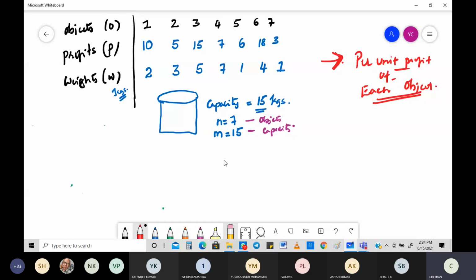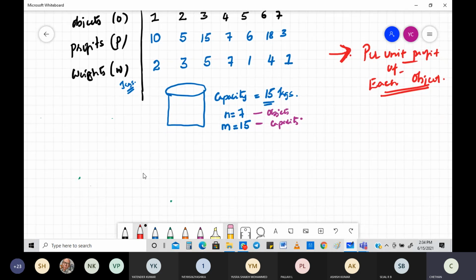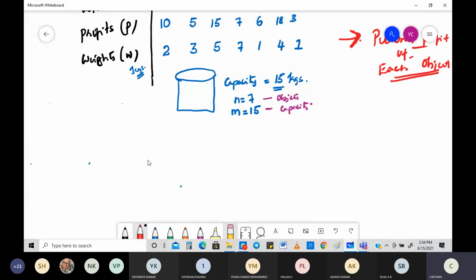Very important problem. See, all these things that you're going to learn in the third module now, each and everything is problems only. Each and everything is a potential question for your exam. So let's look into this. What is my strategy? My first strategy is I'm going to write back all the profits and weights that are given to me.